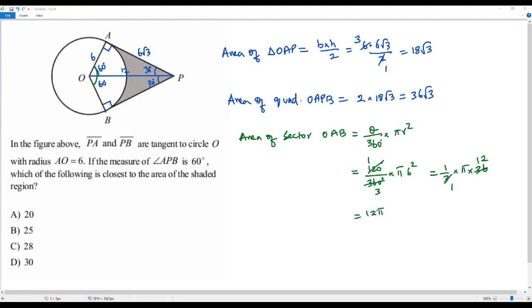Okay, here I got the area of the quadrilateral OAPB, and also I got the area of the sector OAB. Okay, now to get the area of the shaded region, let me write the stuff over here.